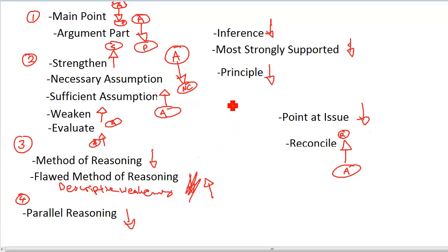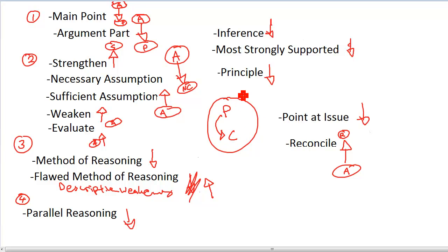Once you understand that core relationship between the premise and the conclusion, you can answer any type of question they throw at you. I hope this lesson has illustrated how malleable all of these question stems are, how similar they are to one another, and how easily they can change from one question type to another and back again, or into a third or fourth type. But they never get away from the central issue of logical reasoning: the premises and how they support the conclusion.